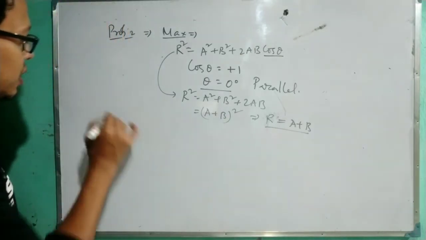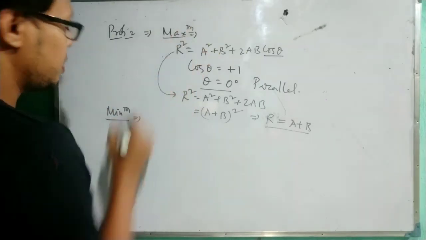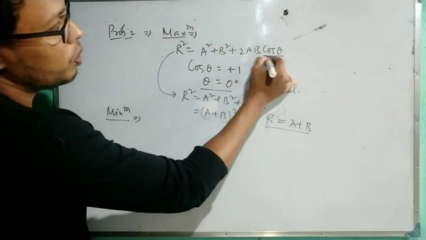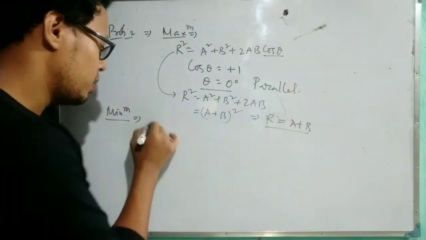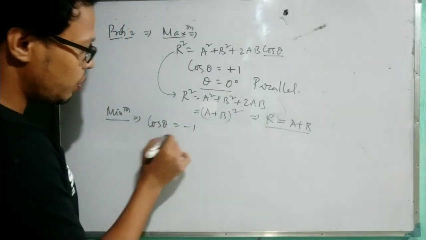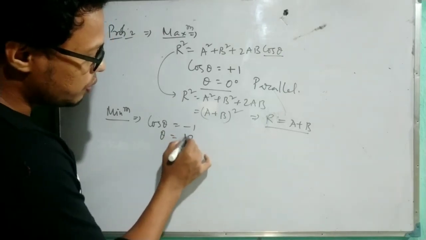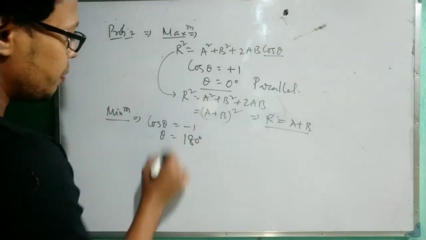Now what is the condition for minimum? For the minimum case, the value of cos theta will be minus 1, when theta equals 180 degree. Look, what about R?